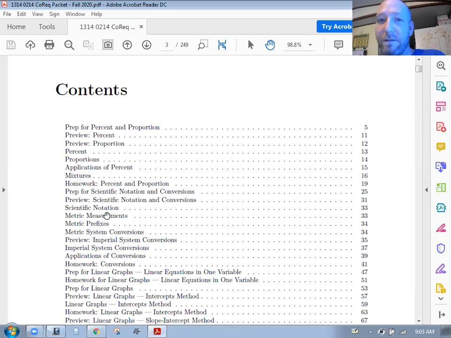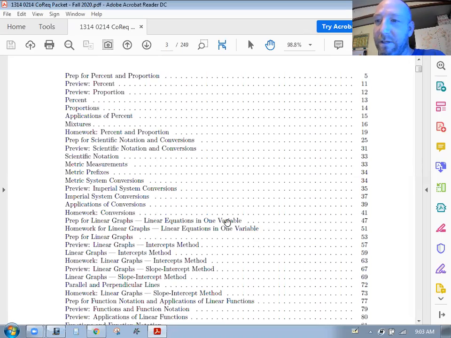We did percent and proportion review last time. So let's go check out conversions today, page 41.